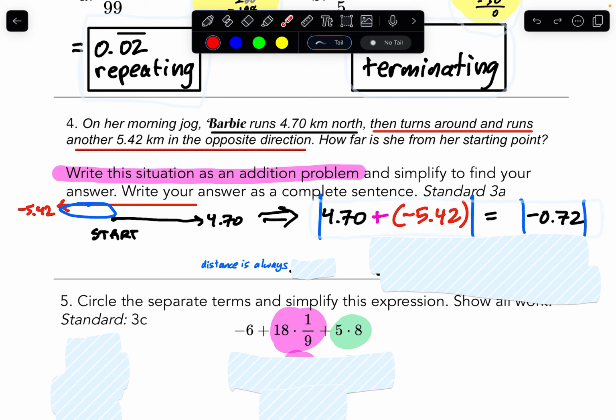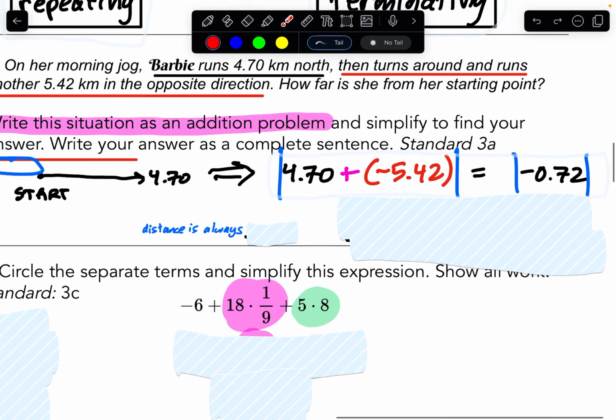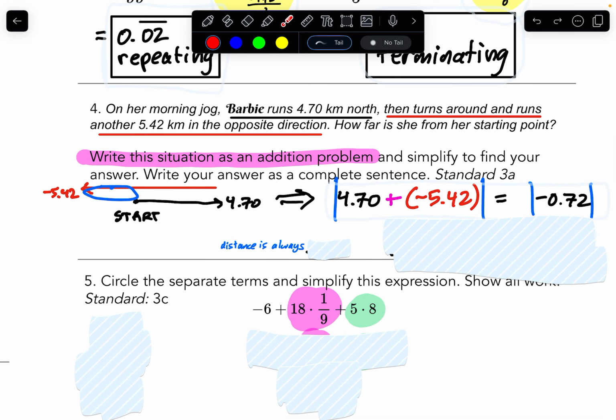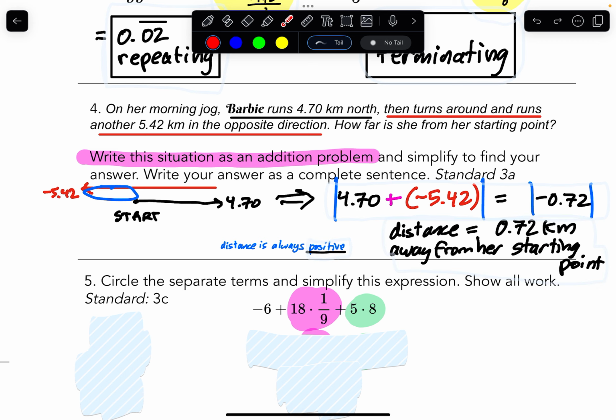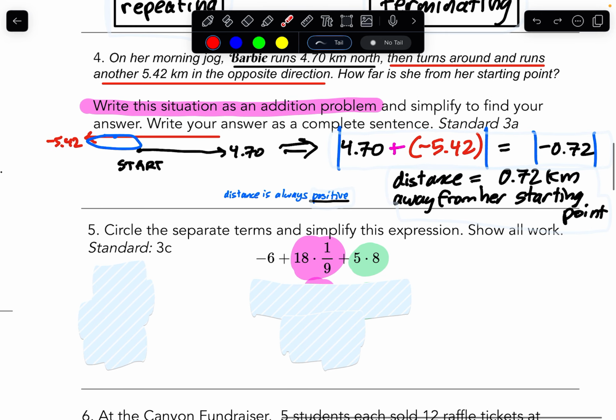So we need to do plus, minus for this problem right here. If you subtracted correctly, you're going to get negative 0.72, but remember that distance is always positive. Our final answer would be the absolute value of this negative number, which is 0.72 kilometers from her starting point.